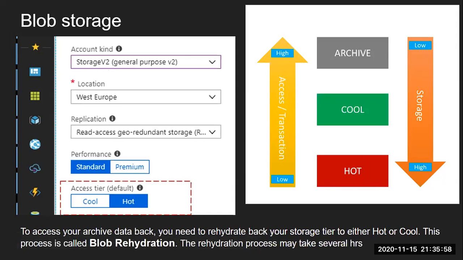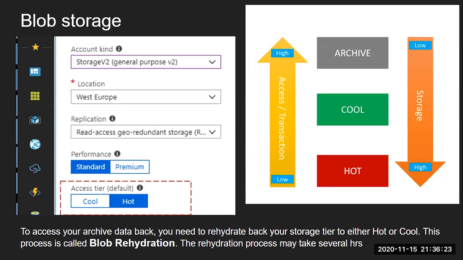To access your archive data back, you need to rehydrate your storage tier back to either hot or cool. This process is called blob rehydration. Basically you bring it back to life, and the whole process takes several hours. I also want to highlight something, and since you've been using AWS, you also know this.